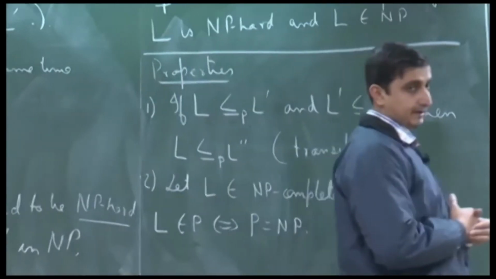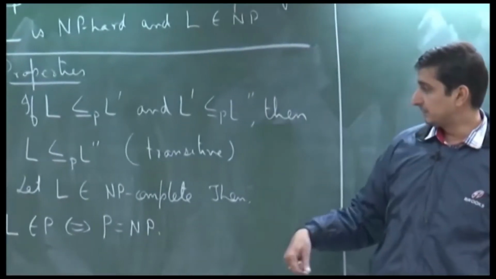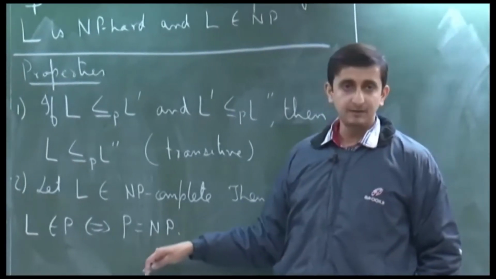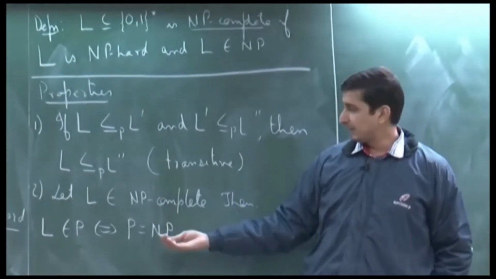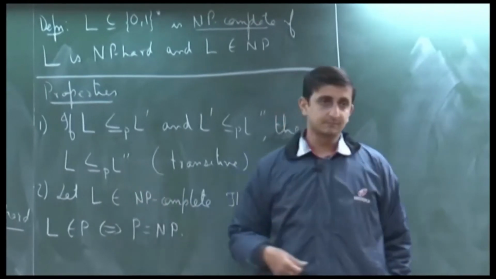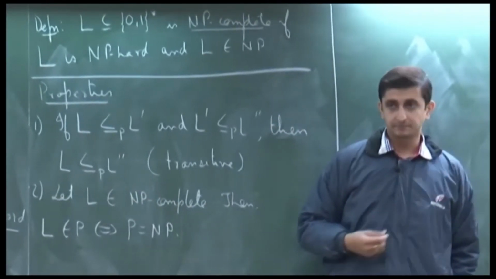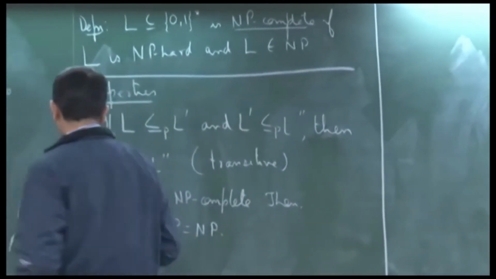This is again by the same idea, and the other way is also true. So, if P is equal to NP, it means that all problems in NP lie in P, in particular the NP complete problems also lie within P. So, both directions are true.